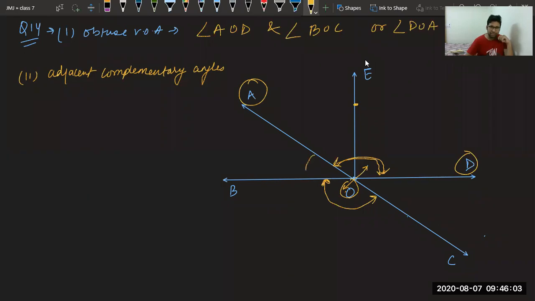So this angle and this angle are forming a right angle. So they are complementary angles. Angle AOB and this angle AOE are forming complementary angles. So angle AOB and angle AOE are complementary angles. Okay, I think it is clear to everyone.